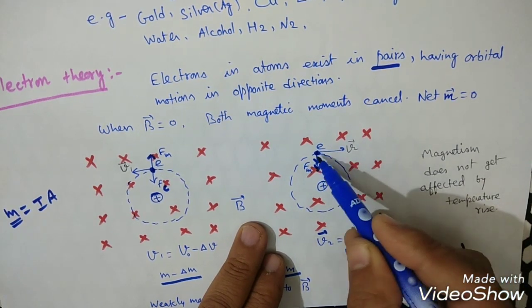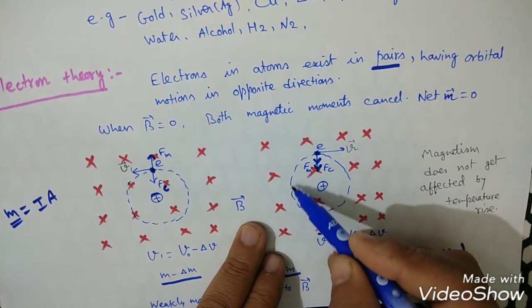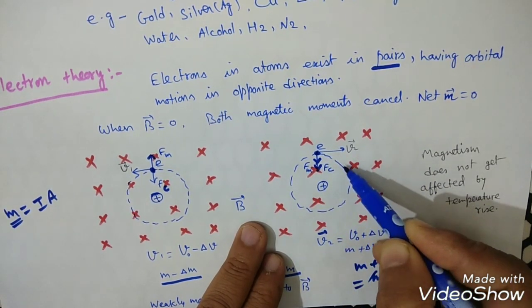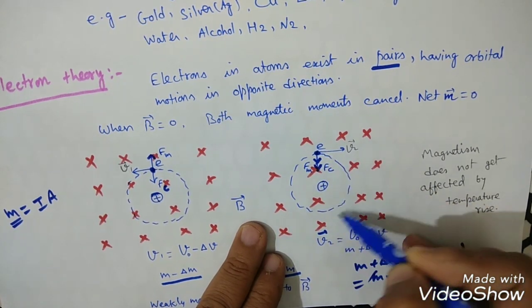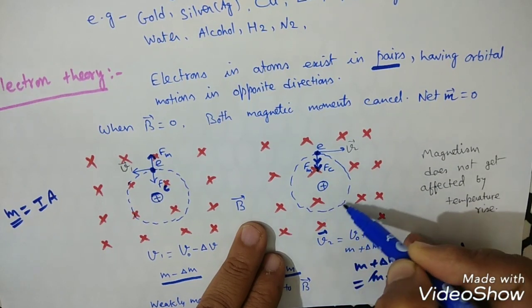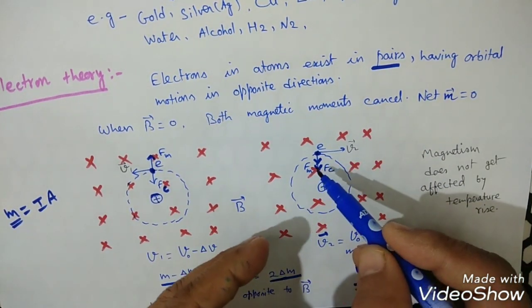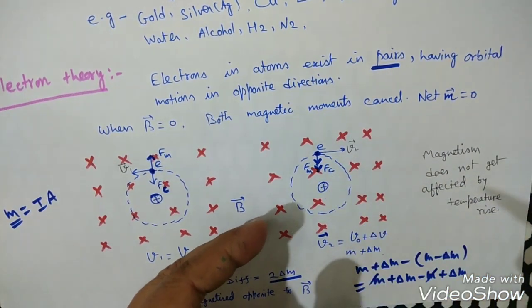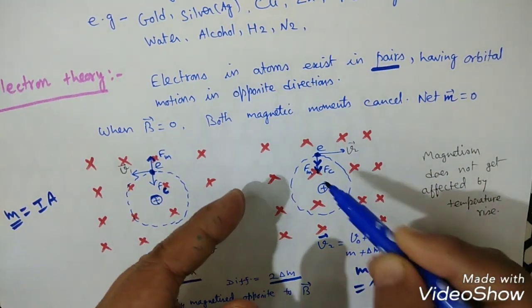So opposite to the direction of flow of the electron, we will see the direction of flow of current. In this case, it is anti-clockwise, meaning this side of the orbit will act as a north pole and the opposite side will act as a south pole. So the direction of magnetic dipole moment is vertically upwards.